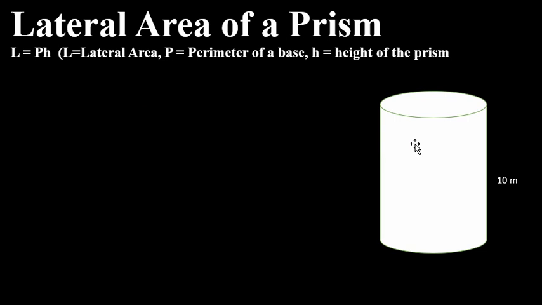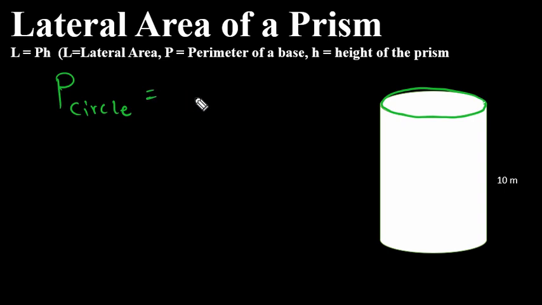If you look at this example, how will you find the lateral area for this one? Now you need to see the face of this prism, or the cylindrical shape. In this one I can see there's a circular face and it is maintaining its shape along the height. Now what is the perimeter of a circle?